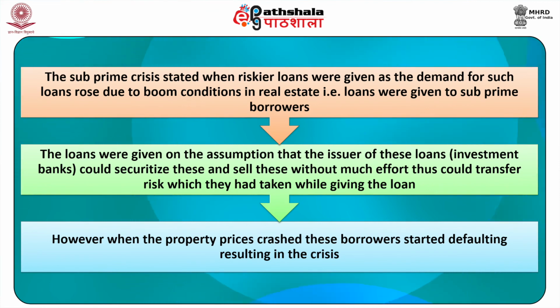So the loans were given on the assumption that the issuers of these loans, which means the investment banks, could securitize these and sell these without much effort, and thus could transfer the risk which they had taken while giving the loan. They thought that this risk they could transfer to somebody else. However, when the property prices crashed, these borrowers started defaulting, resulting in the crisis.